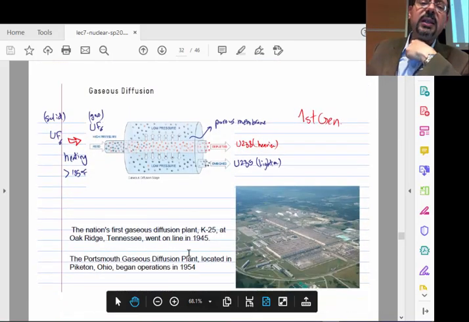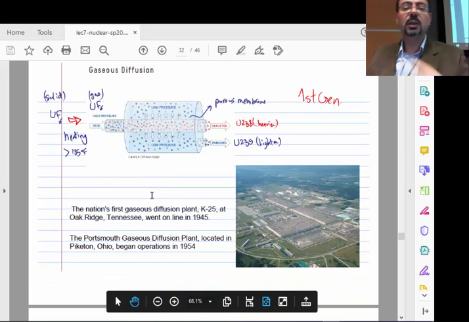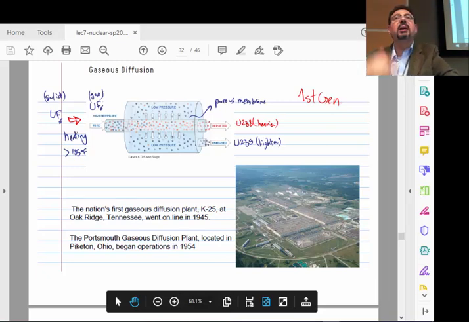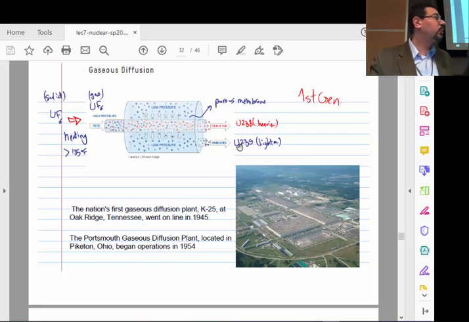So here is the first generation of uranium enrichment facility. This is Oak Ridge, Tennessee. How can we make the percentage of 235 increase? Well, we have 235 and 238. What's the difference between them?